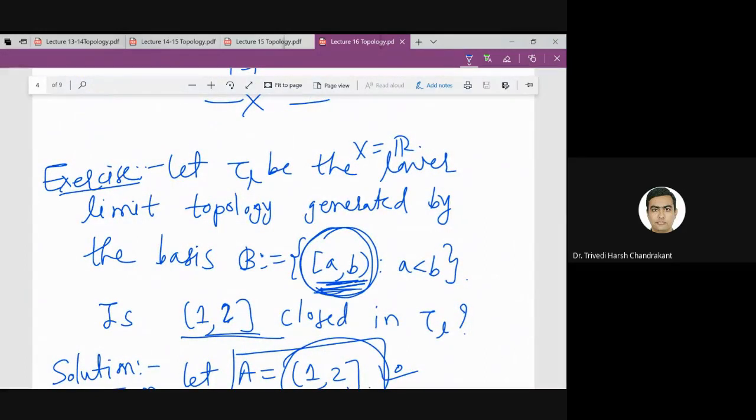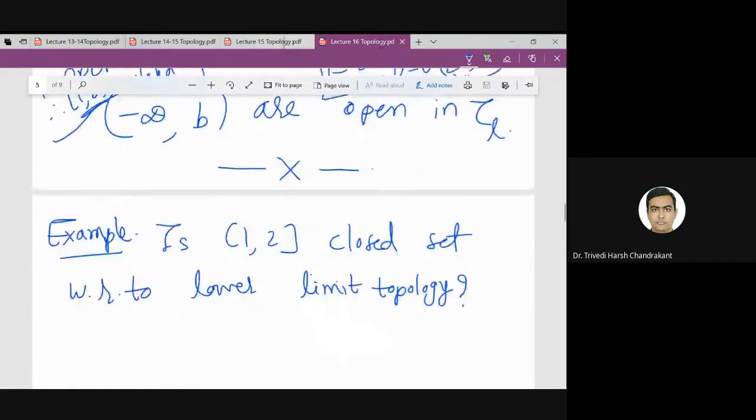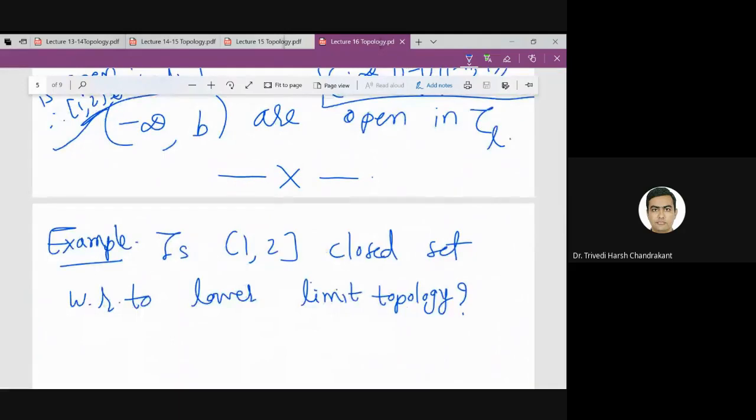So next I want to take the subspace topology. Let me discuss another example. Is the set closed interval 0 1 union open interval 2 3 a closed set with respect to the subspace topology?